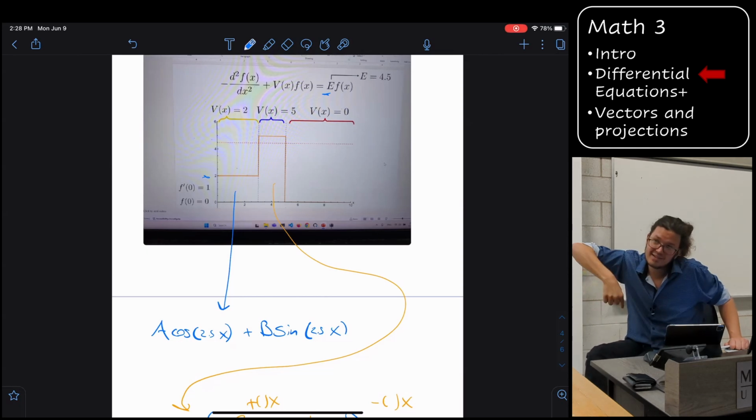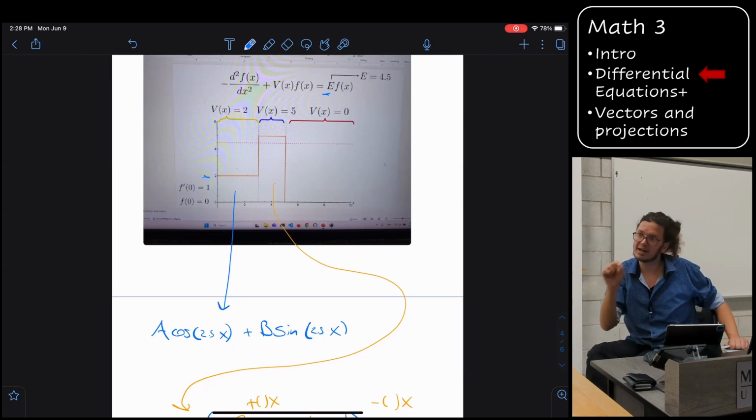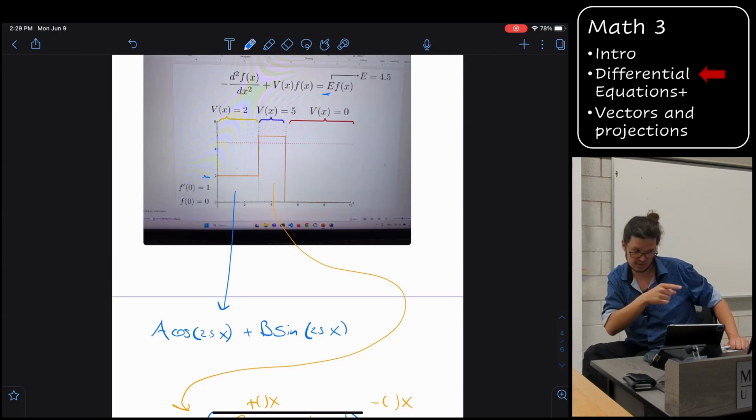But in this case, that region is finite. There is nothing wrong with having an exponential increase or an exponential decay. Both are allowed, and you will need both if you want to make your solution continuous with a derivative that is also continuous. So in principle, it's both. And in the case that I'm going to show later, it is also both. Make sense?